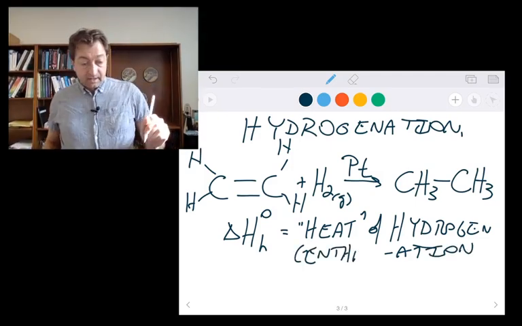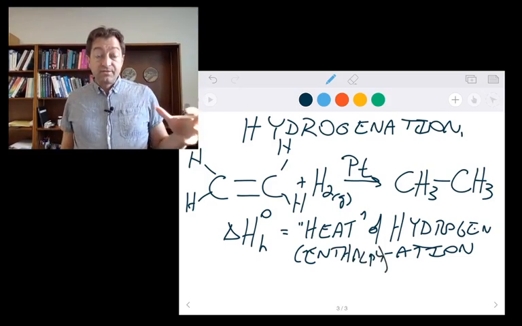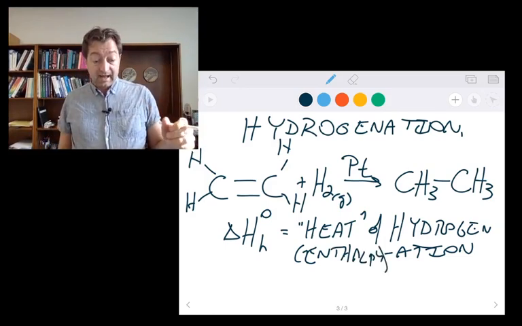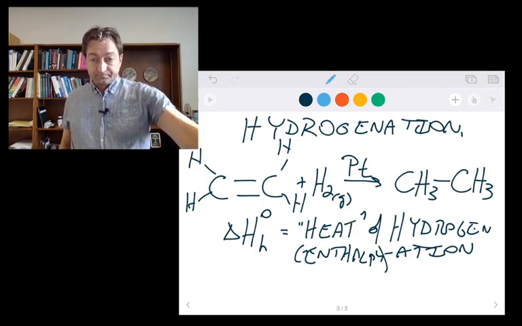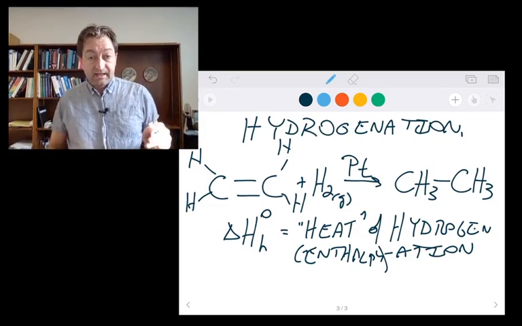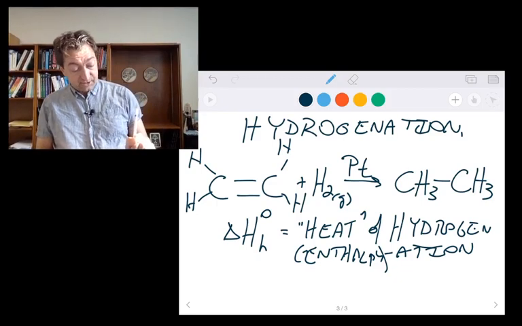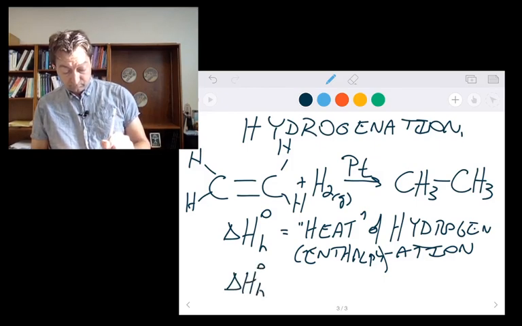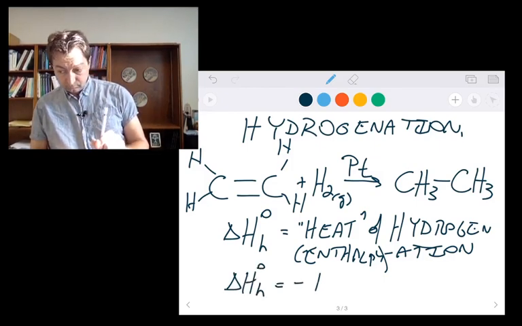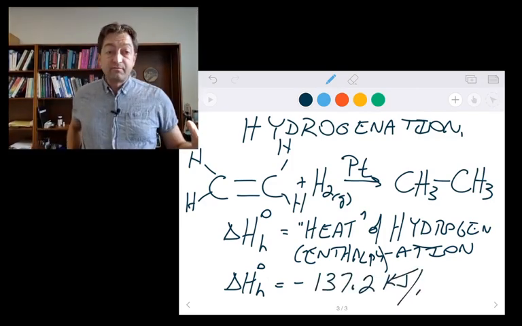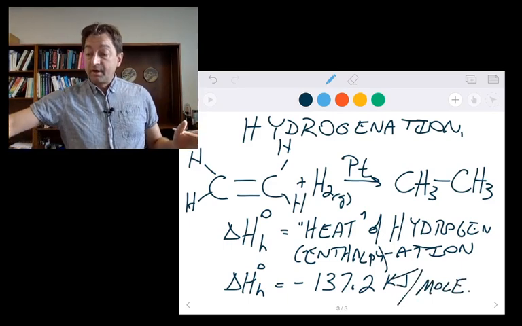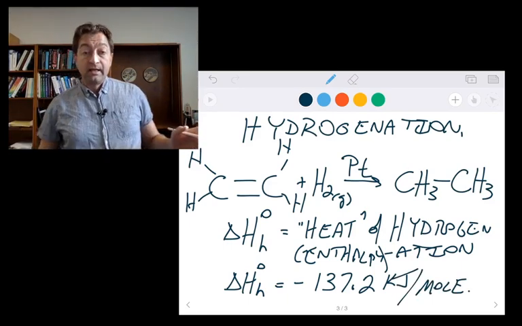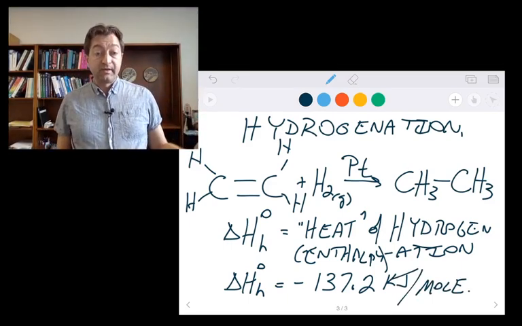The heat of hydrogenation, or the enthalpy of hydrogenation, is what we're looking at here. And so specifically, what's the heat of hydrogenation for this particular reaction? It's 137.2 kilojoules per mole. So 137.2 kilojoules per mole is what's being released when we carry out this particular reaction.